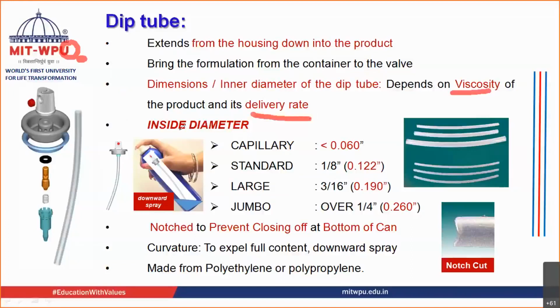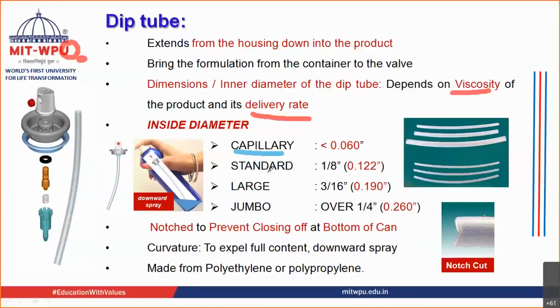Now there are different types of diameter. You have a capillary diameter, like you have different housings. In the similar manner, you have different inner diameters of your dip tube. You can have a capillary dip tube which has a size less than 0.060 inch.